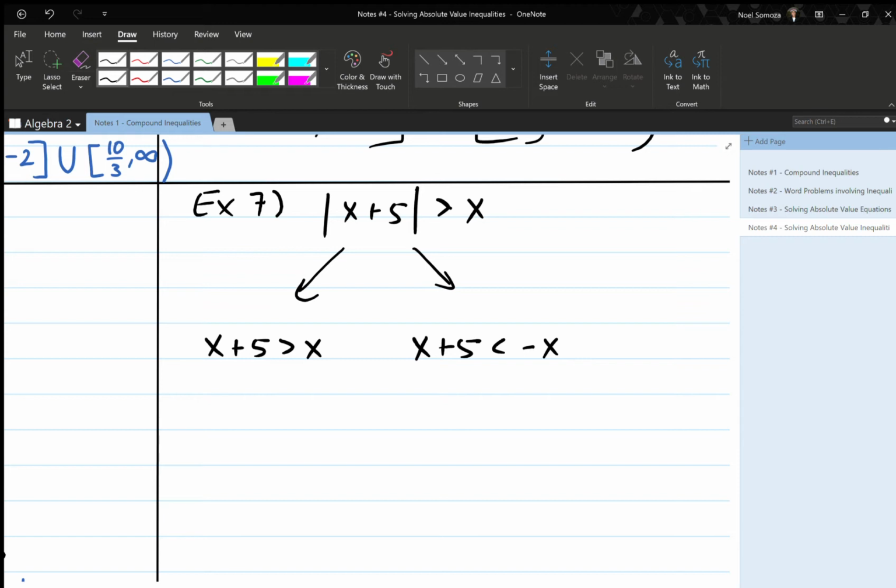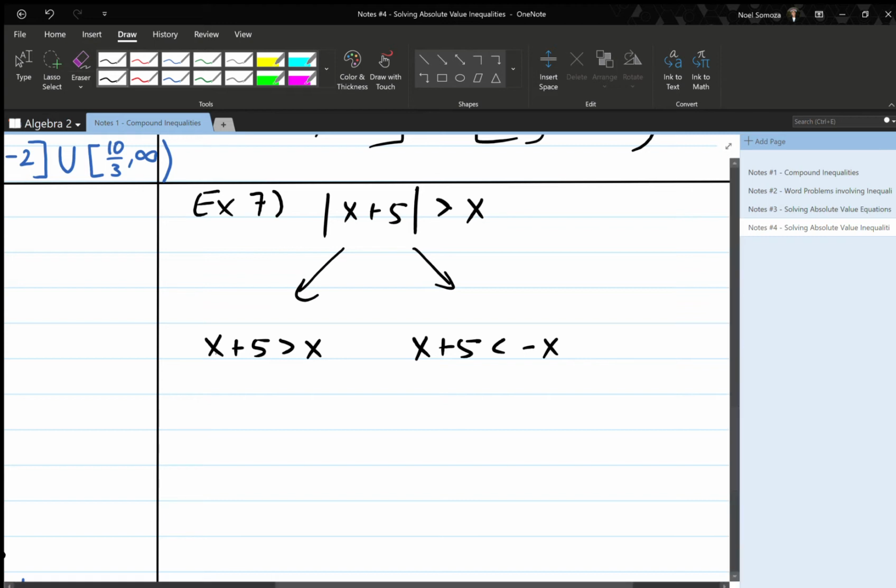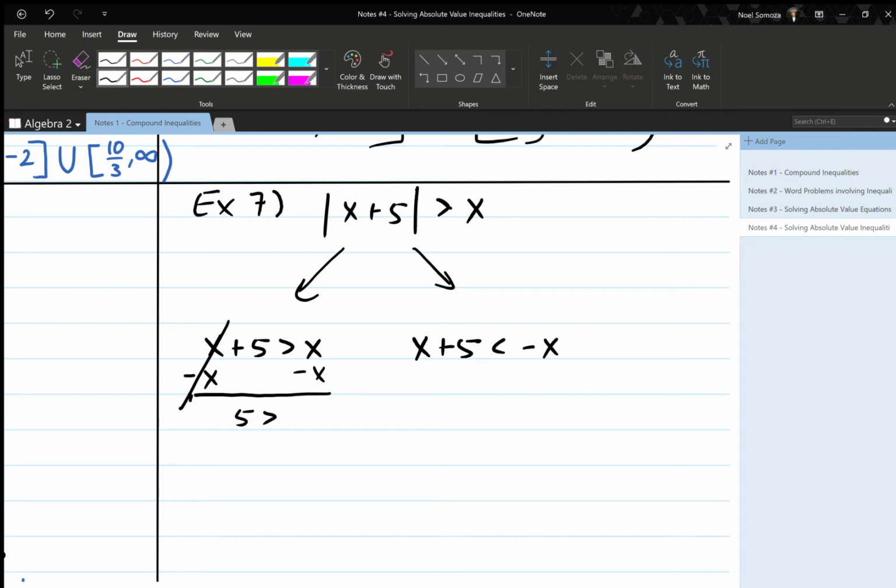I have x's on both sides, so what? On this one, I want to get the x's together. So I'm going to subtract x on both sides. This cancels. I get 5 greater than x minus x. I don't want it to cancel this time because I actually want a value here. I don't want 5 greater than nothing. What does that become? 0.